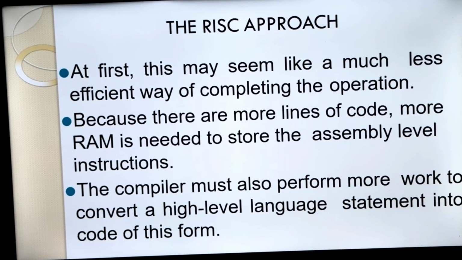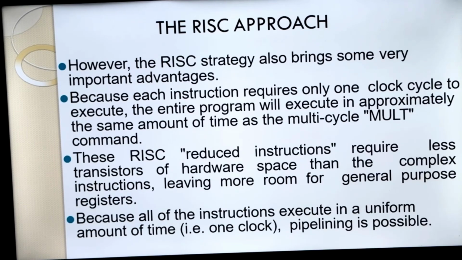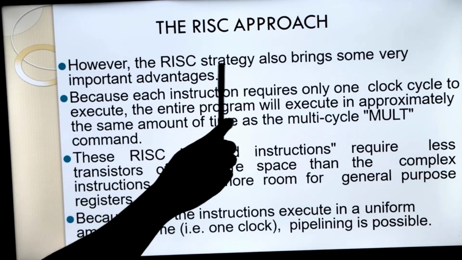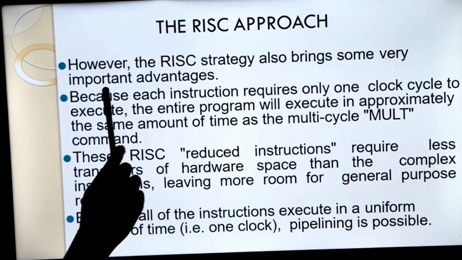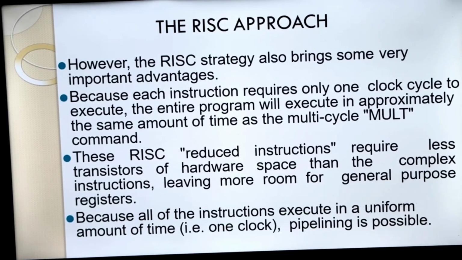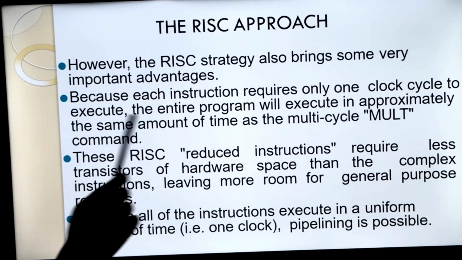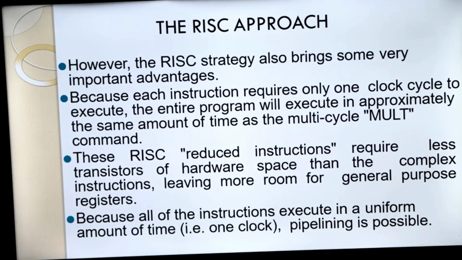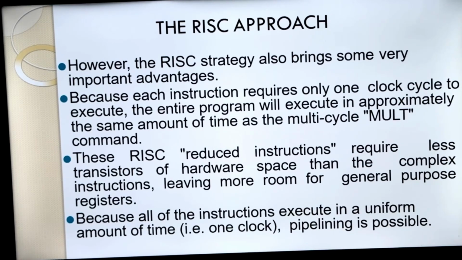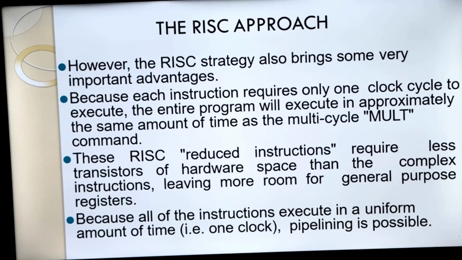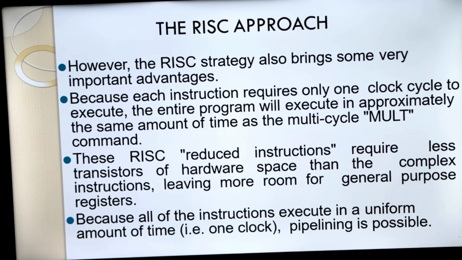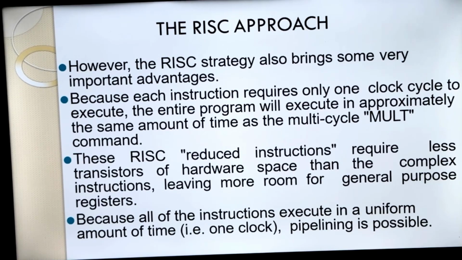It seems like that. But in reality, the RISC strategy also brings some very important advantages. It's not that we have all the disadvantages in RISC. Because each instruction requires only one clock cycle to execute. Please note a point. Since I have very simple instructions, in each clock cycle you can execute one instruction.